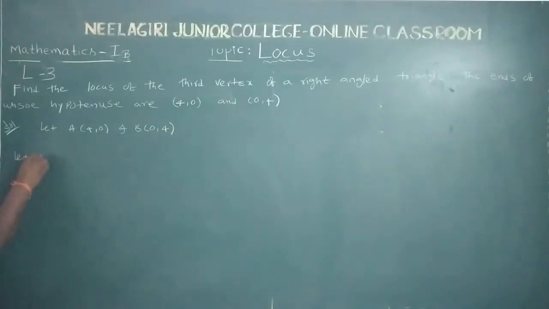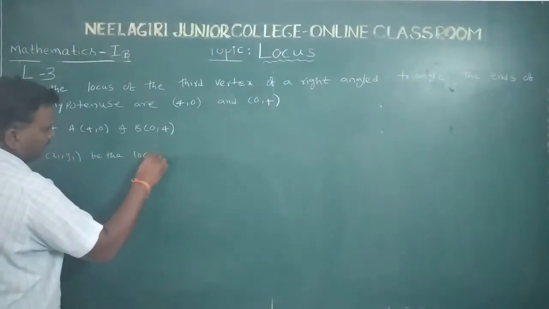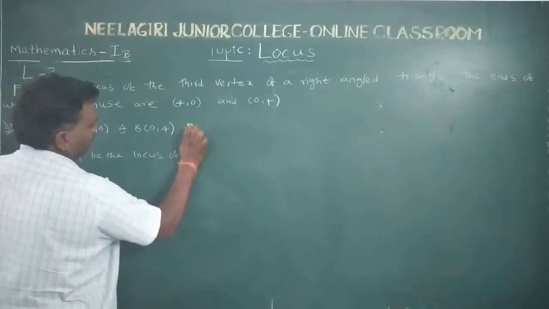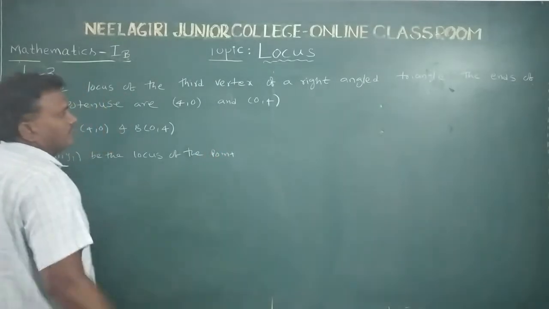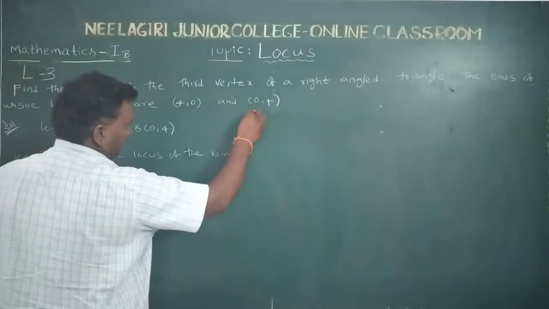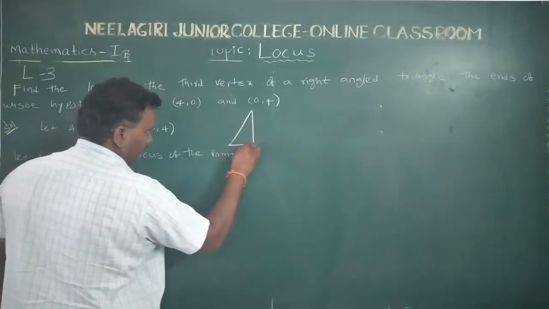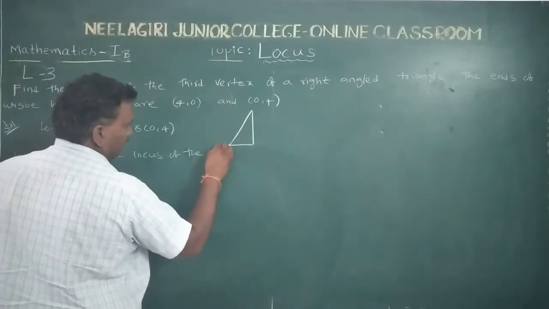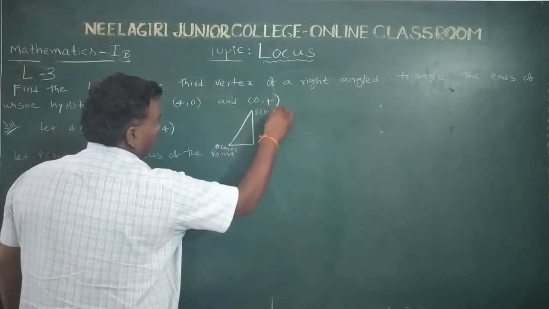Let P(x1, y1) be the locus of the point. We know that the right angle triangle, these are the ends: A (4, 0), B (0, 4).